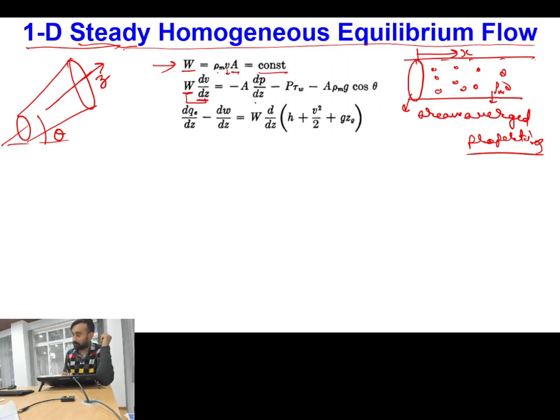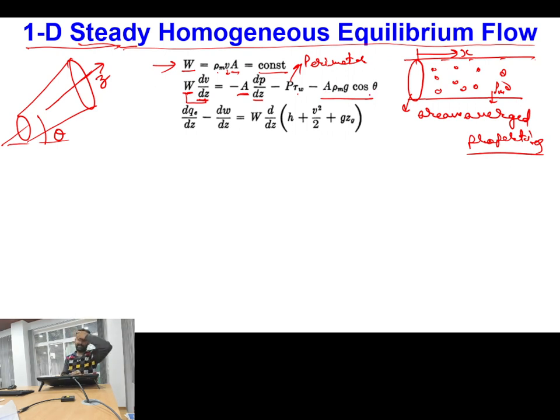This will be equal to all the forces which are acting. So first is the pressure force. Pressure force will be dp by dz into area. Okay. Then I will be having minus, what is this? Tau W into P. What is tau W? Wall shear stress into P, which is the perimeter. Okay. And then I will be having this rho m g cos theta.